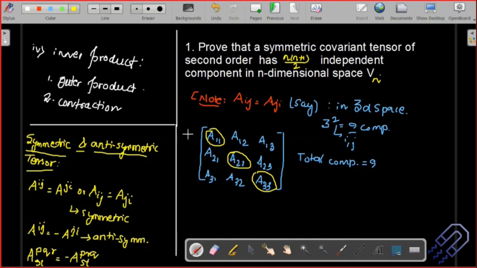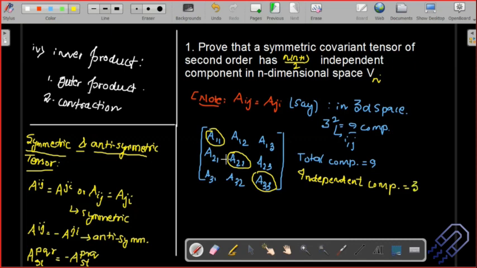So a11, a22, a33, there is no repetition. So these are all independent components for sure. This is for understanding. Independent components is equal to 3. So there are 3 independent components.